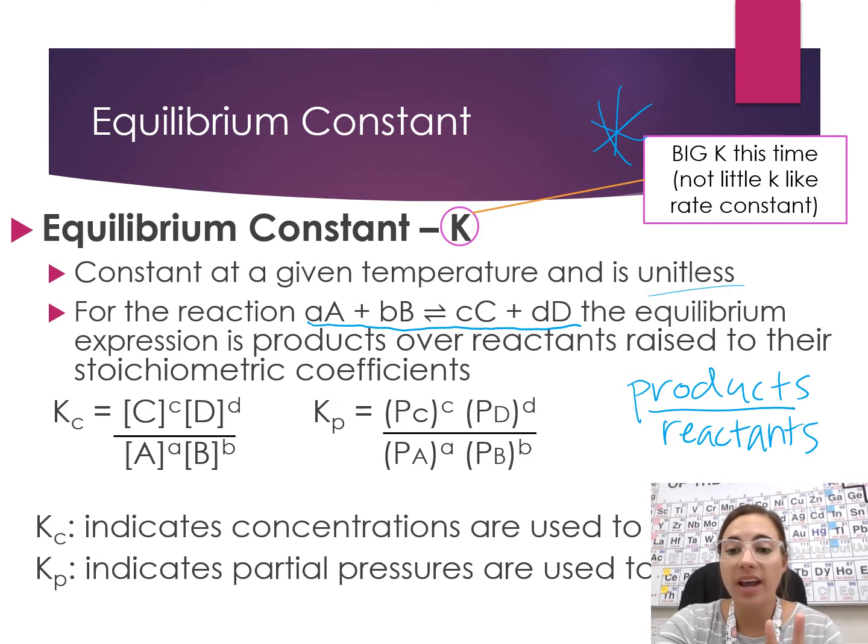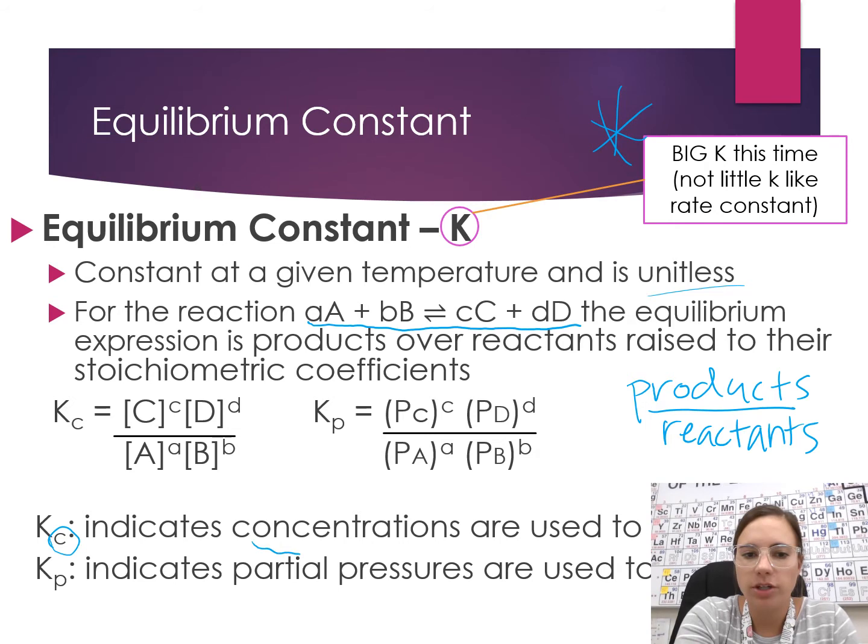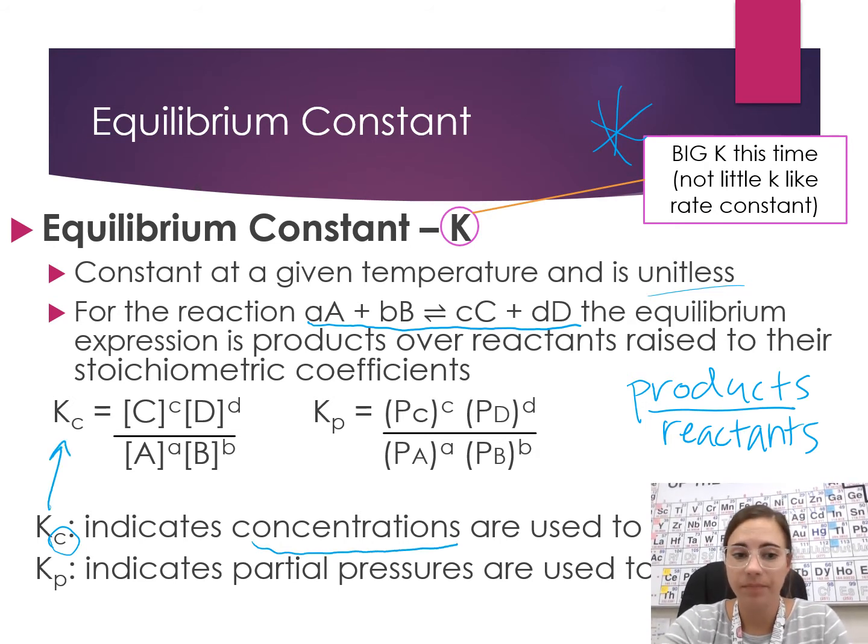We have two ways of expressing this generic equilibrium constant. We can express it in terms of concentrations, in which case it is technically called Kc, or we can write it in terms of partial pressure, in which case we write it as Kp.